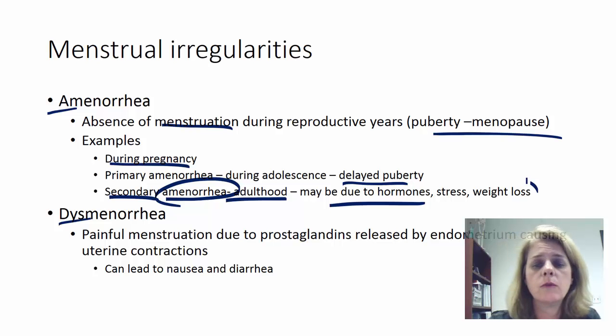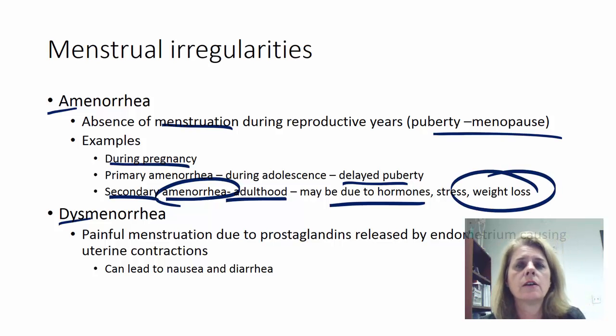Weight loss again. Women who have drastic weight loss or excessive exercise sometimes will stop having a period. This is common in college when girls are stressed and they're trying to stay thin and they're maybe playing intramural sports or athletic sports for a college team.